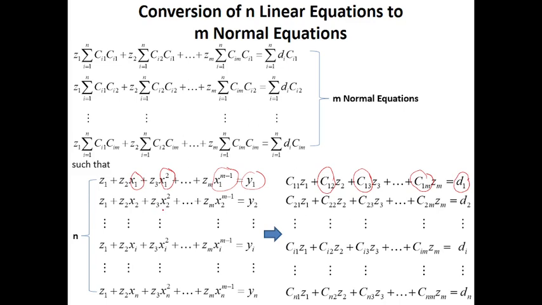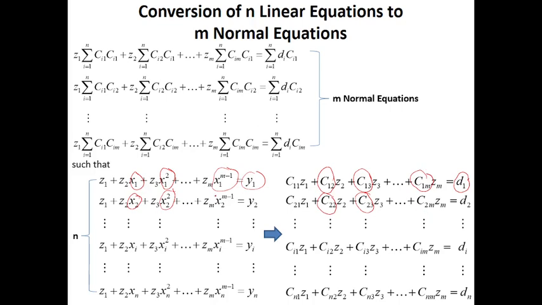And then we have also x sub 2, equal yan dito c sub 2, 2, no? X sub 2 squared, C sub 2, 3. Kumbaga, nasa second row, first column, second row, second column, second row, third column, no?